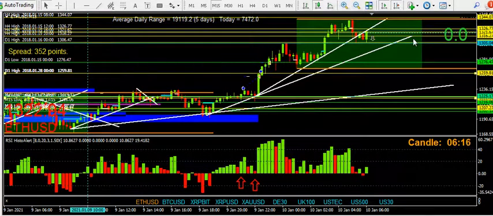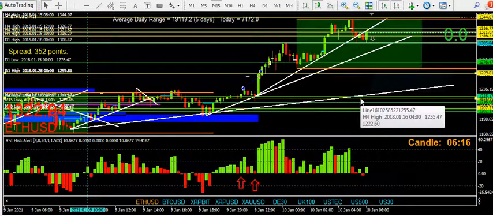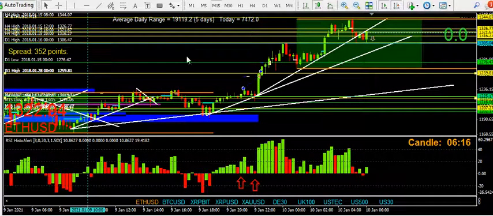And this is why I'm making this video, so you can see how old levels act as superb levels to trade to and from when you are coming back into ancient history, if you like, in terms of this is ETH USD, in terms of understanding where price might go.